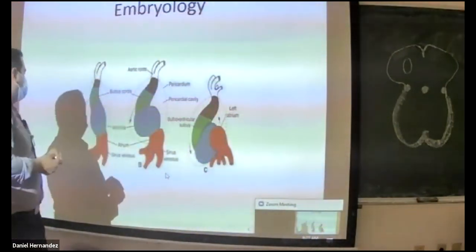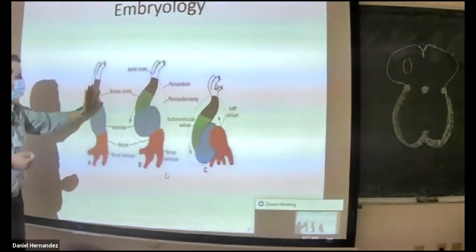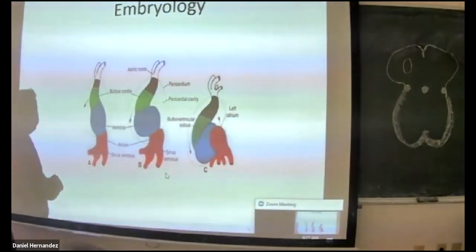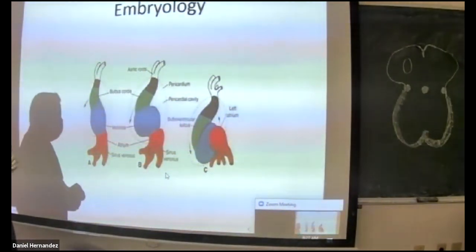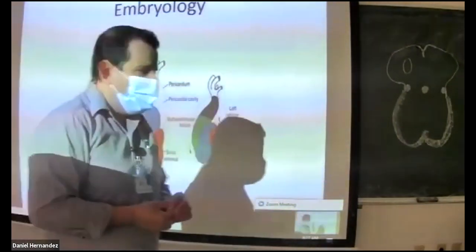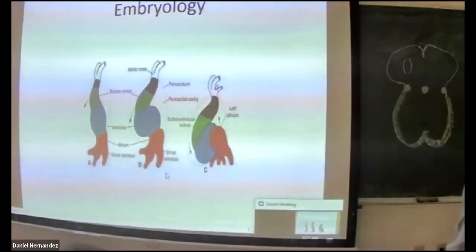So when we get into embryology, we begin with our early heart tube. That heart tube is going to begin a process called cardiac looping, called S looping.